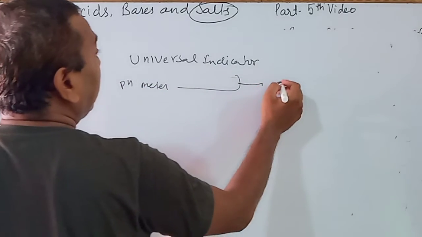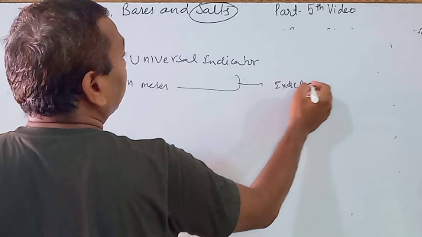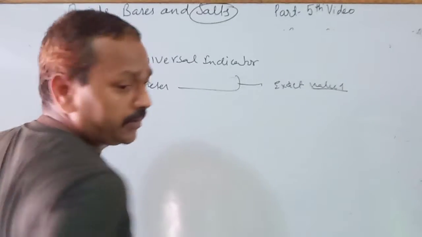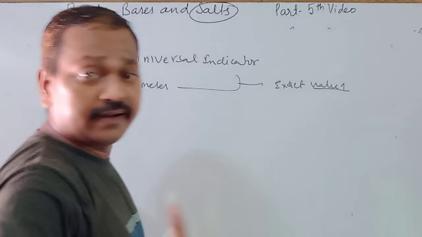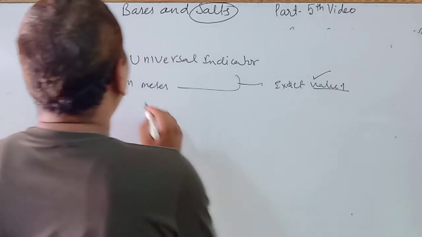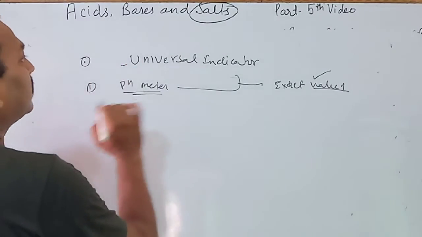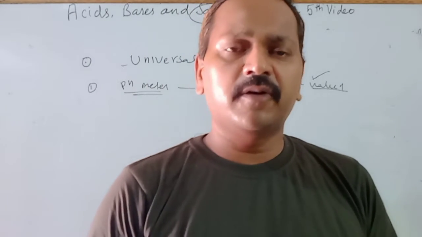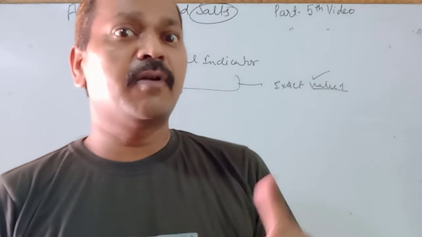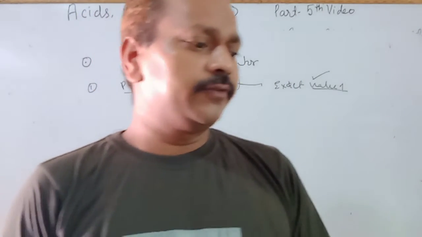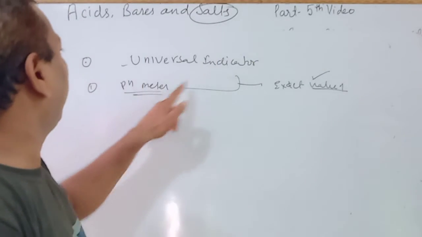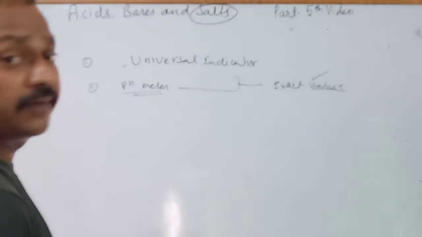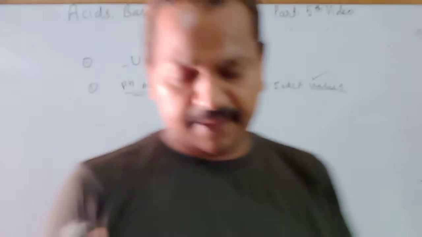These two give the exact value of the nature. The universal indicator is a mixture of a number of indicators. Clear? So the universal indicator and pH meter give us the strength of acids and bases.